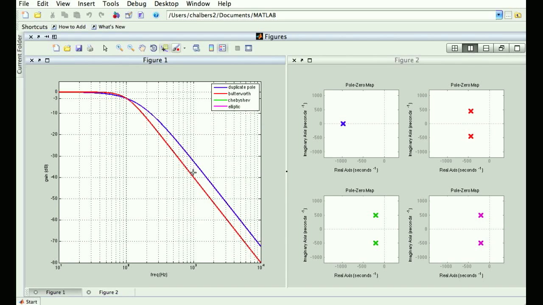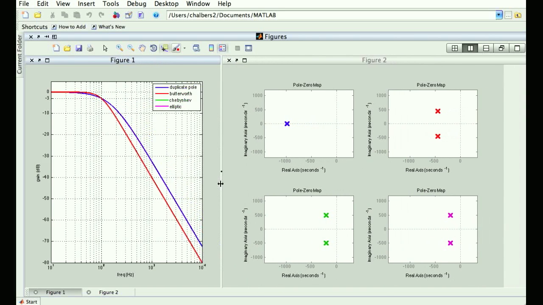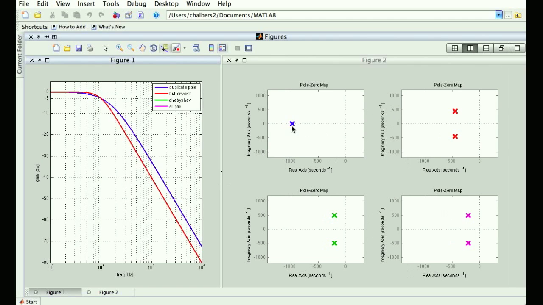So, let's direct our attention now to the pole-zero maps on the right. What you can see here is for the blue filter, I've put 2 poles. I've got 2 poles at 1,000 hertz. Actually, maybe that's in rads per second.